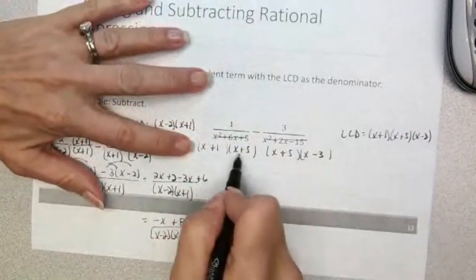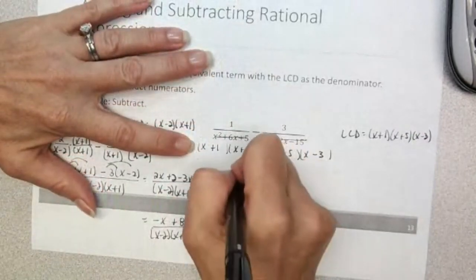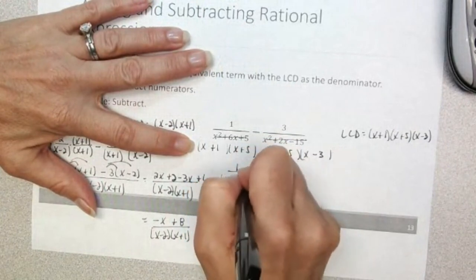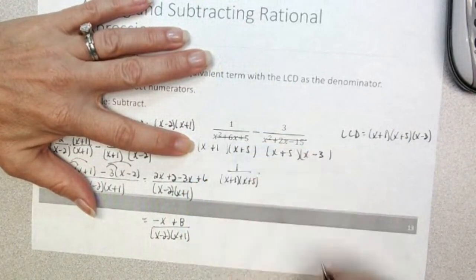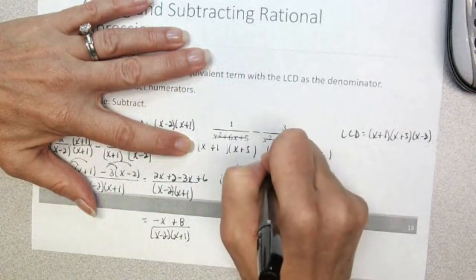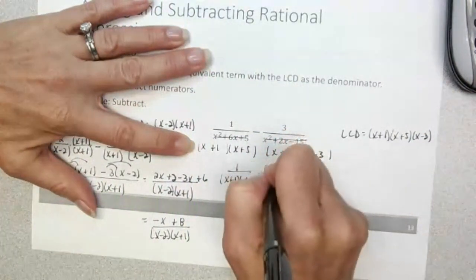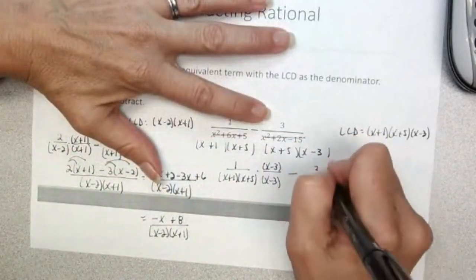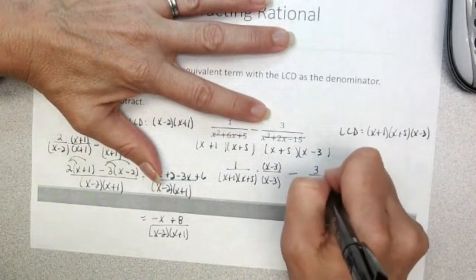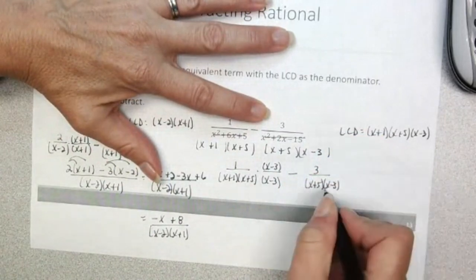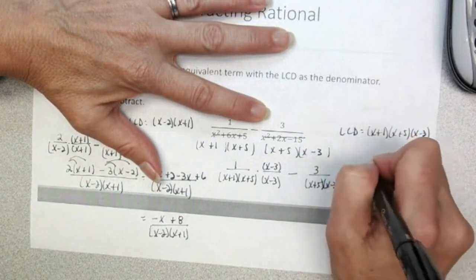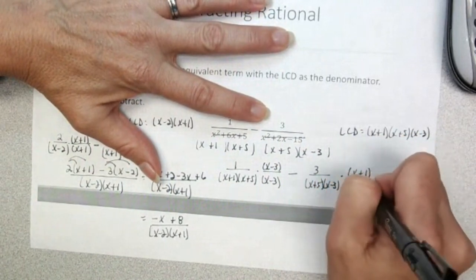Okay, there's an x minus 3 missing in the first term, so I'll need to multiply that 1 over x plus 1 times x plus 5 by x minus 3 over x minus 3. Subtracted from that will be the 3 over x plus 5 times x minus 3, and that one's missing the x plus 1, so we'll have to multiply by x plus 1 over x plus 1.